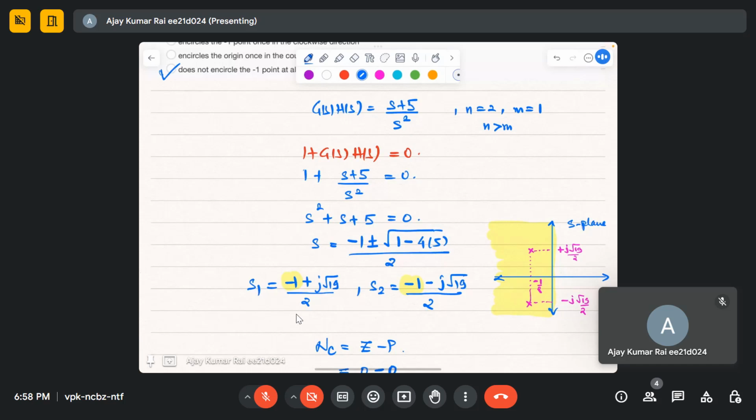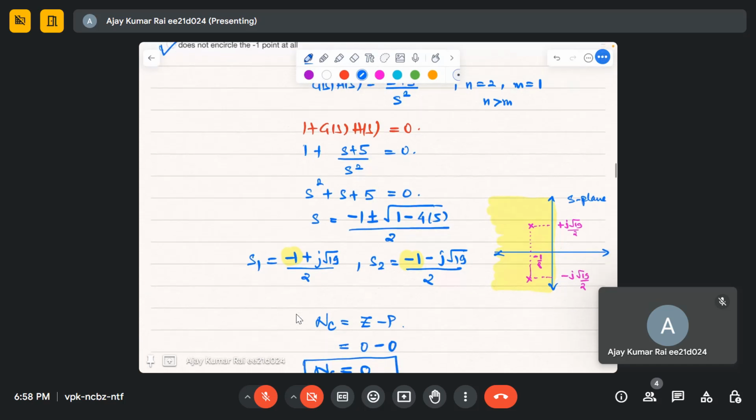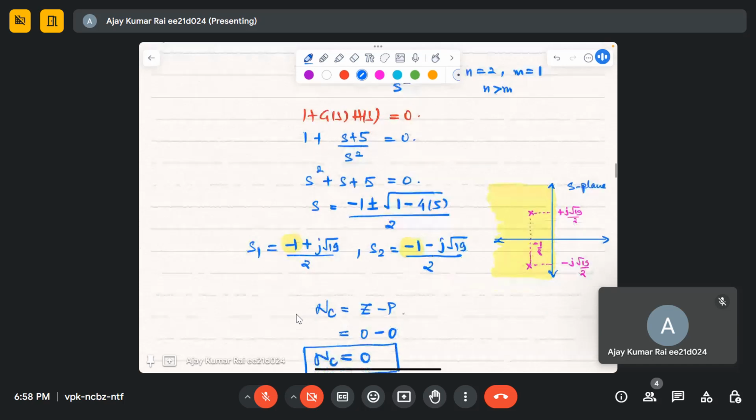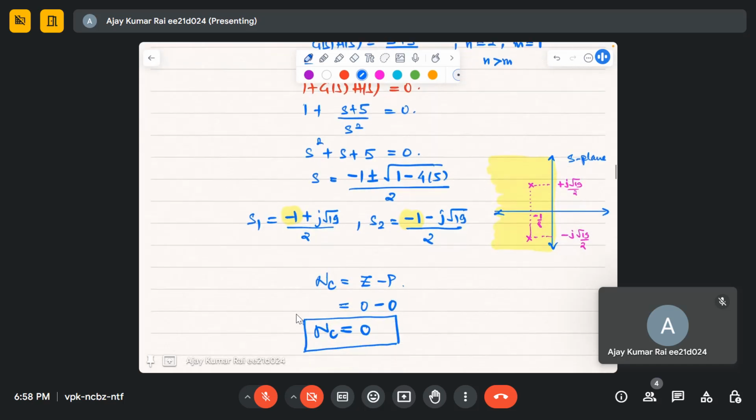We found the poles and can confirm that they are lying on the left hand side of the S plane. That's why Z is equal to 0 and P was equal to 0, so N_C is 0 minus 0, which is 0. So there is no encirclement of the minus 1 point in the G(s)H(s) plane.